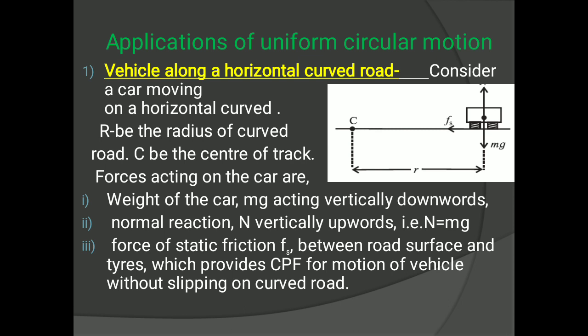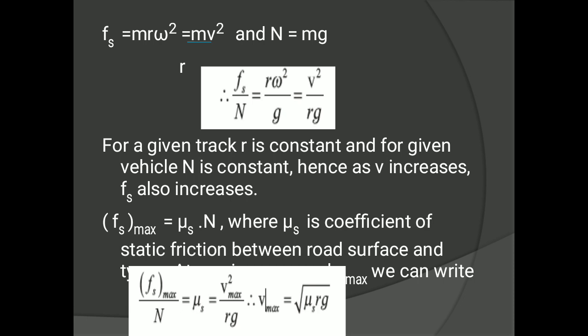The third force acting on the car is the force of static friction Fs between the road surface and the tires. This static friction provides the centripetal force for the motion of the vehicle without slipping on the curved road. So we can write force of static friction is m r omega square or m v square by r, and N is equal to mg. If we take the ratio of these two equations, we have Fs upon N is equal to r omega square upon g or v square upon rg.